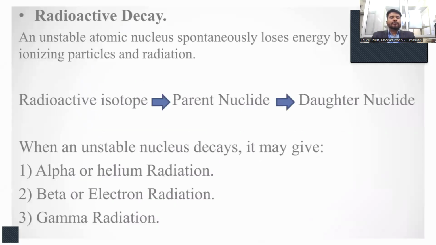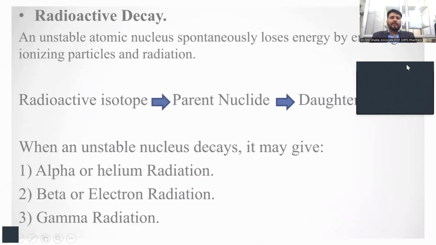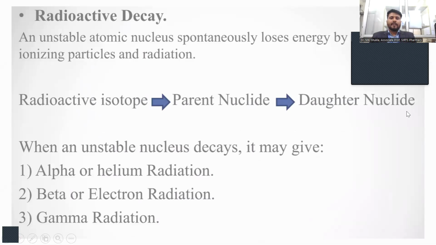So, what is radioactive decay? An unstable atomic nucleus spontaneously loses energy by emitting ionizing particles and radiation. So, this is radioactive decay.